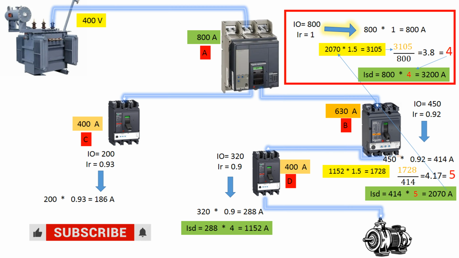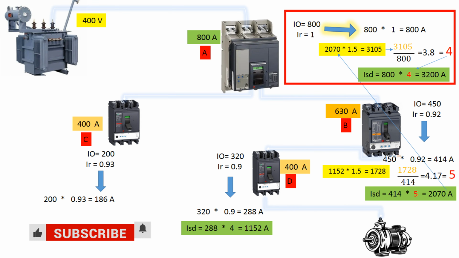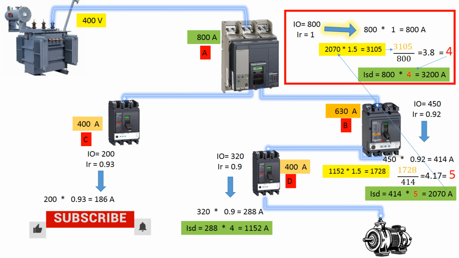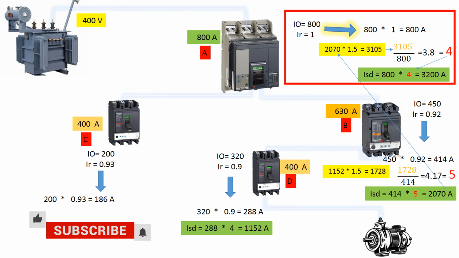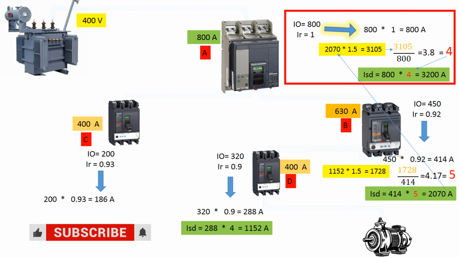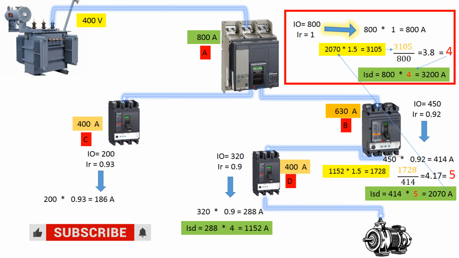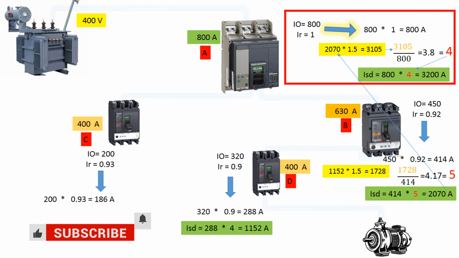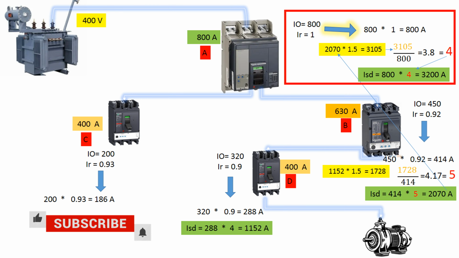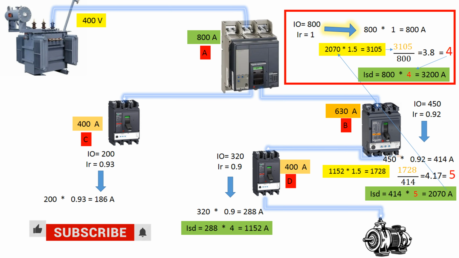Now we divide 3105 by 800, which results in 3.8. There is no ISD range of 3.8. So we select the next higher available range, which is 4. Now we multiply 4 by 800, and we get 3200. This means that if a short circuit occurs downstream of breaker A, or anywhere below breaker A in the system, and the short circuit current reaches 3200 amperes, breaker A will trip immediately.